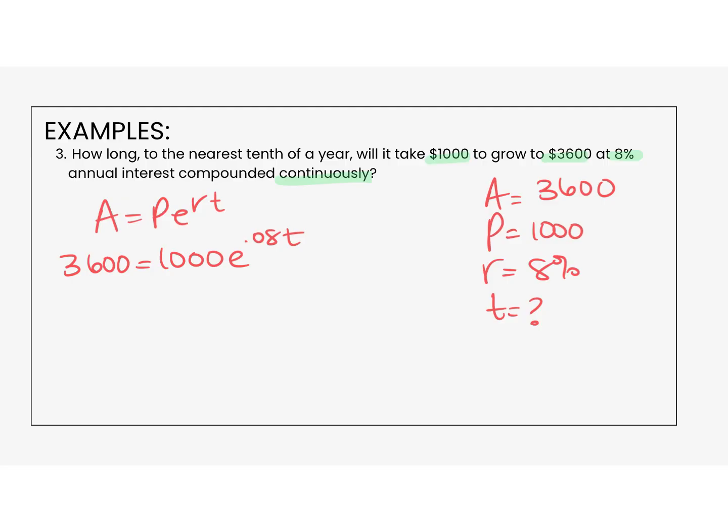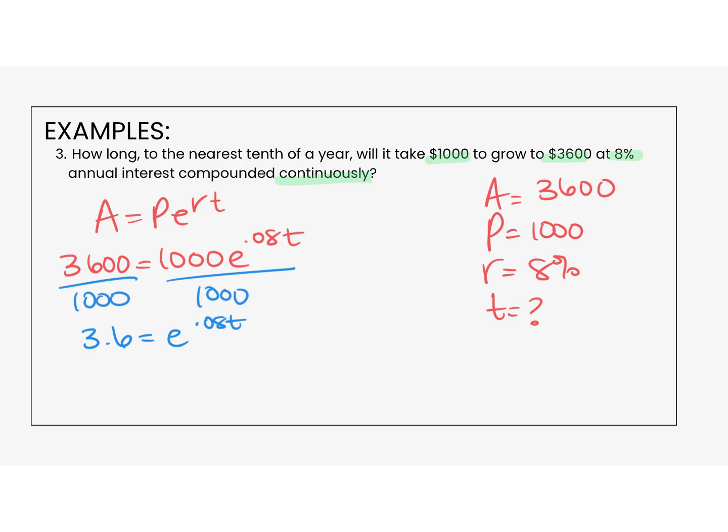So again, how do I solve this? First, I divide by 1,000 because I want my exponential expression by itself. So I should get 3.6 equals e to the 0.08 t. And again, once that's by itself, I know I need to switch it to logarithmic form.